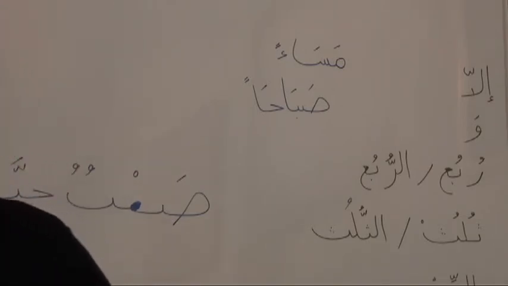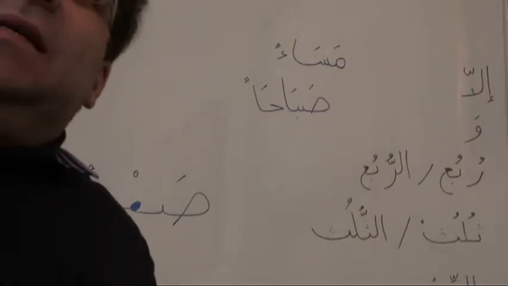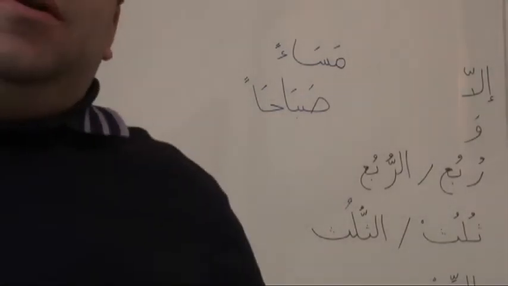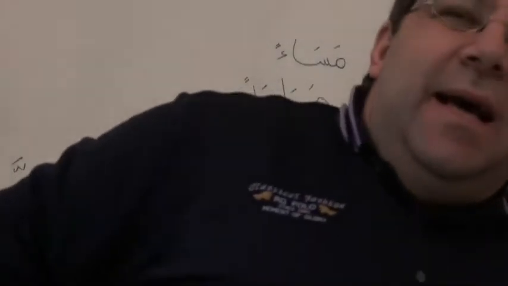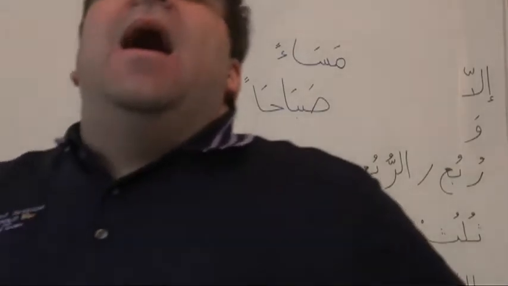Like for example, what time is it now? According to this, that all of us can see, not according to our watch. 2:40. So, كم الساعة الآن؟ إنها الثانية وأربعون دقيقة عصرا.